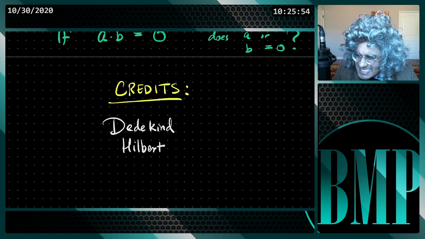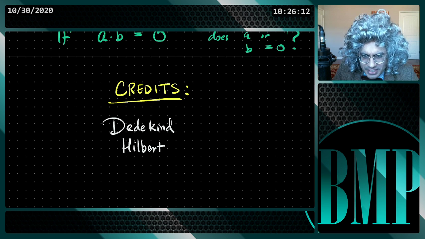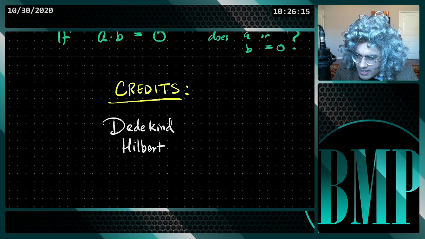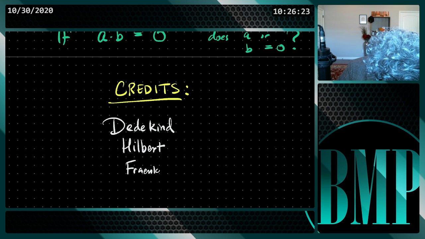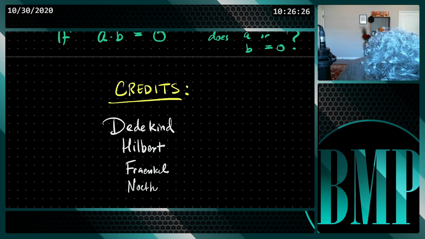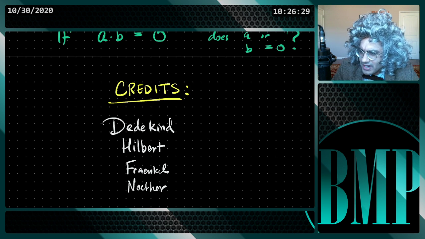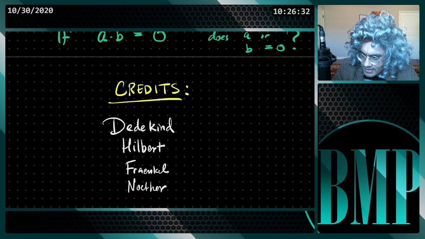Okay, it's still rings of integers. Okay, in 1892, Hilbert was thinking about rings of integers. Fraenkel and Emmy Noether. Okay, so these are the people that are historically credited.